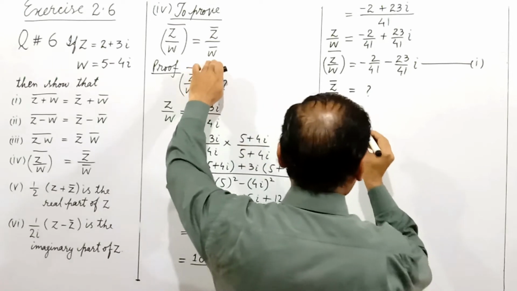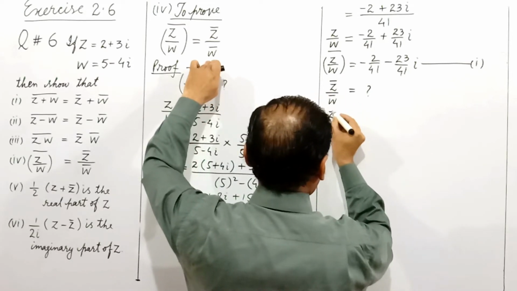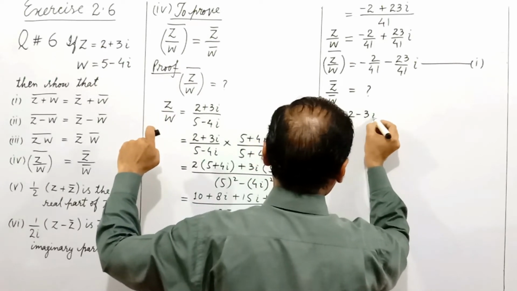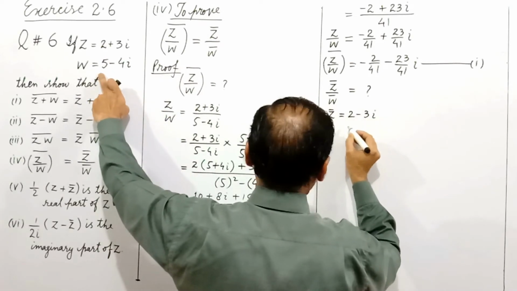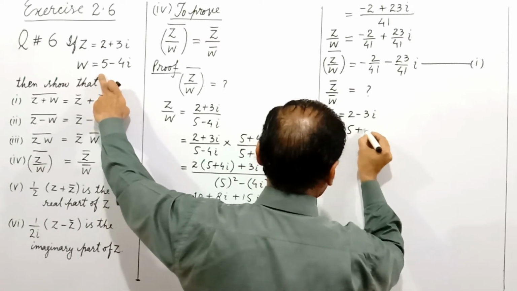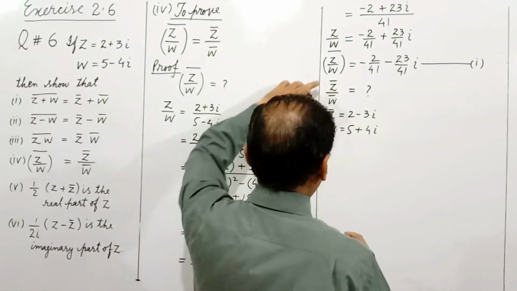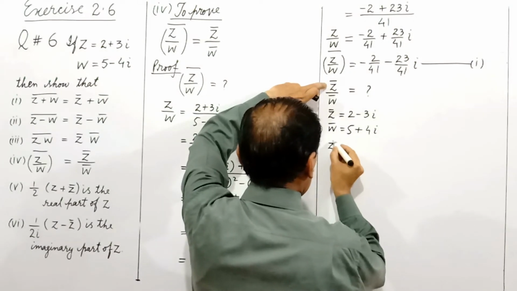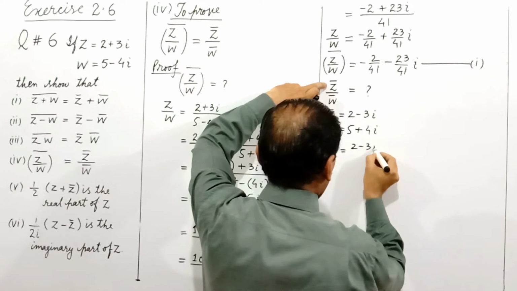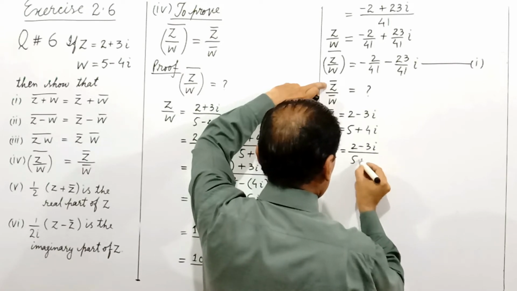For this we write first z bar, that is equal to 2 minus 3 iota, and the conjugate of w is w bar, 5 plus 4 iota. Now we find the quotient. z bar over w bar is equal to 2 minus 3 iota over 5 plus 4 iota.